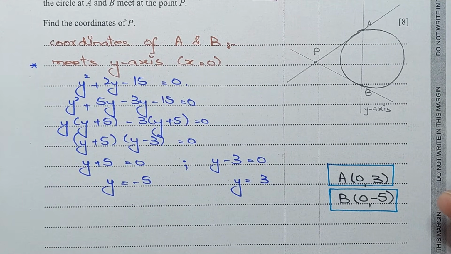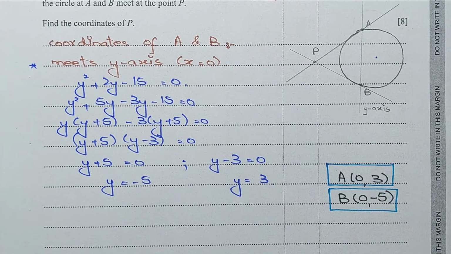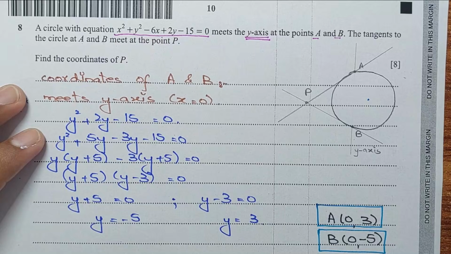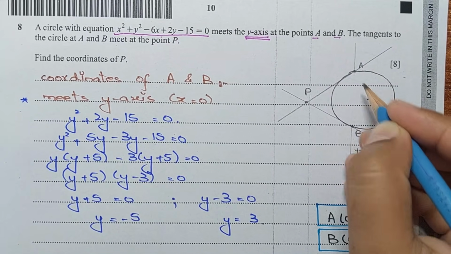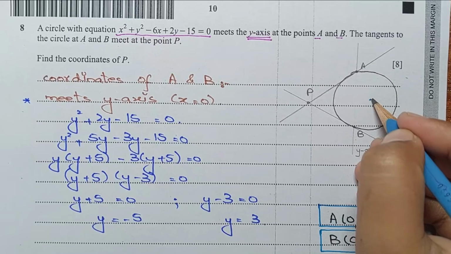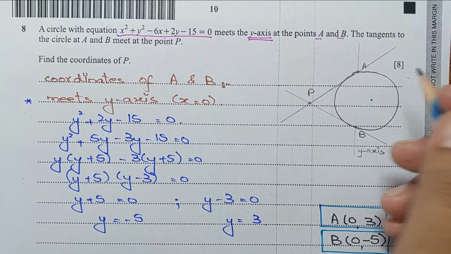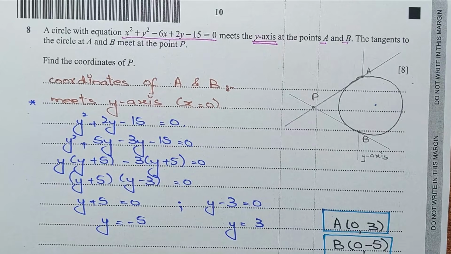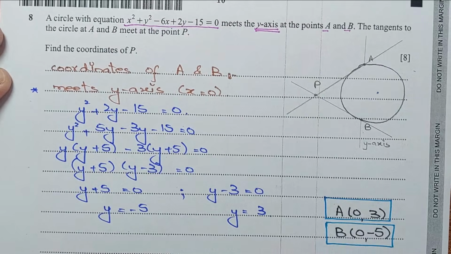For this, it is better to find the center of the circle. After finding the center of the circle, we know that the center to this point is the radius. The gradient of the radius and the gradient of the tangent are perpendicular to each other. We can easily get the gradient of the tangent. Okay, so let me write down the equation of the circle now.